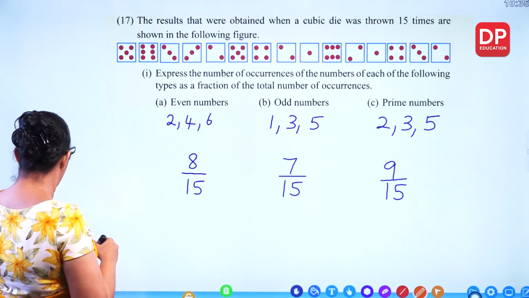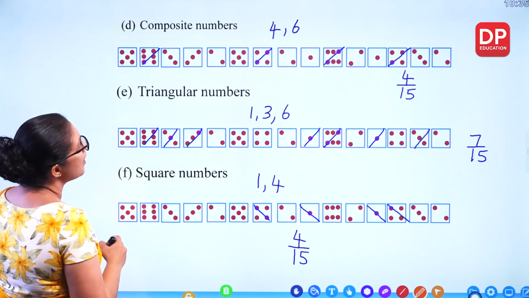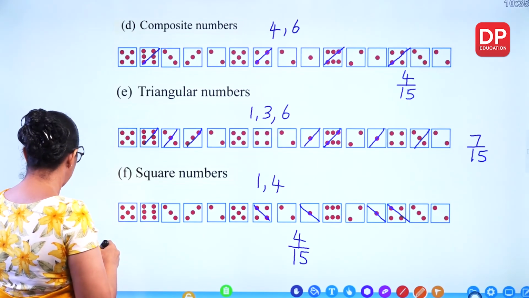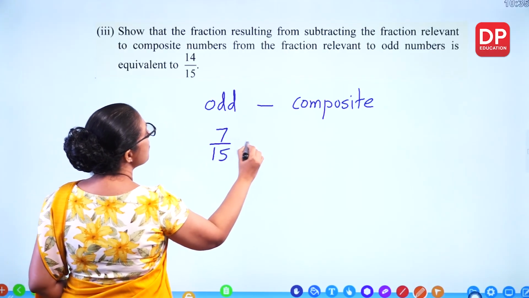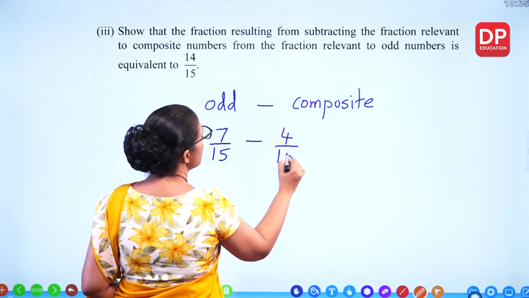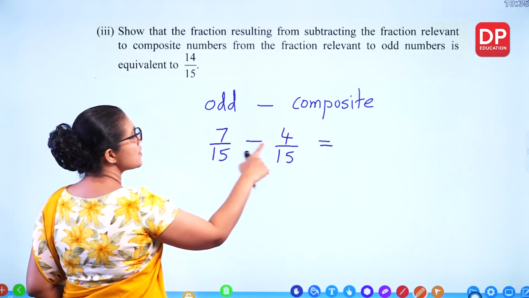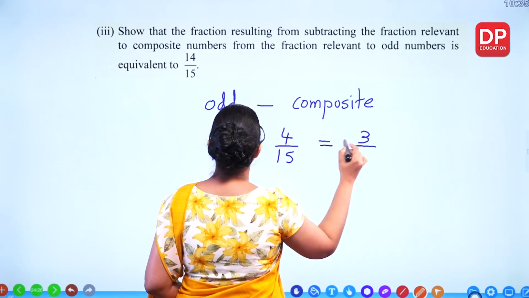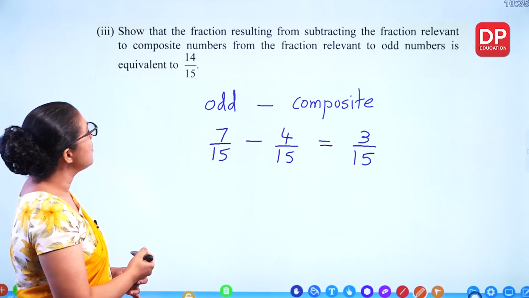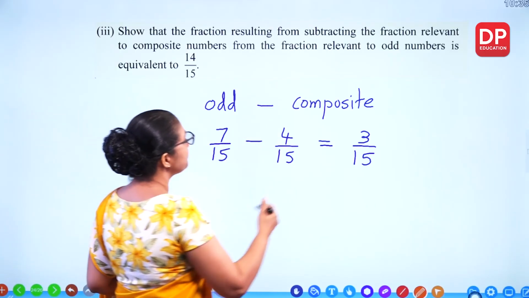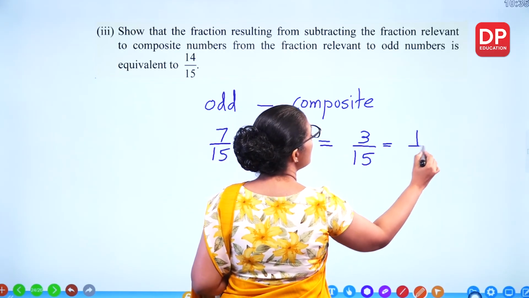Odd one is 7 over 15. Composite one is 4 over 15. 7 over 15 minus 4 over 15. You get 7 minus 4, 3. 3 over 15. We can simplify and write down 1 over 5.